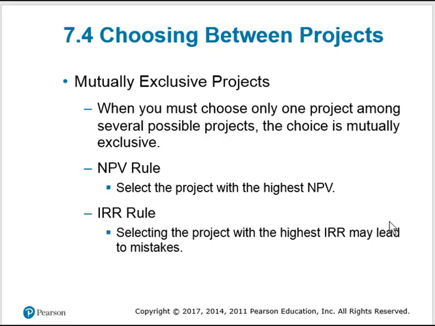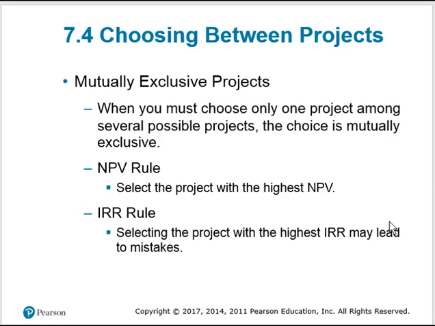If we have to choose between projects, we need to know something about those projects. Projects that are competing with each other are referred to as mutually exclusive projects. When you choose only one from amongst several, this choice is what's referred to as mutually exclusive. It implies a ranking mechanism. So we have to rank projects from the highest net present value to the lowest net present value.